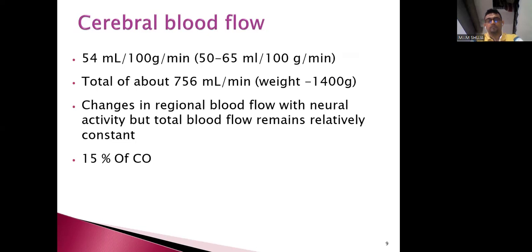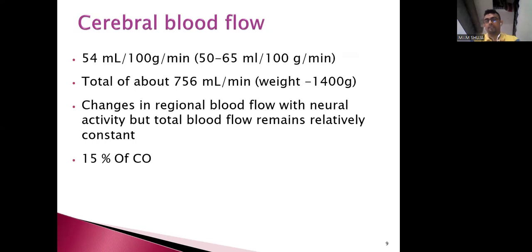But the changes in regional blood flow may depend on the neural activity, while the total blood flow remains relatively constant. That means if 750 ml of blood goes to the brain, 500 may go to the cerebellum and 250 may go to the cortex.